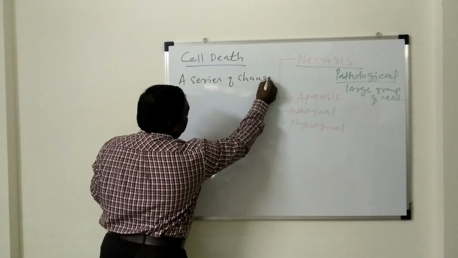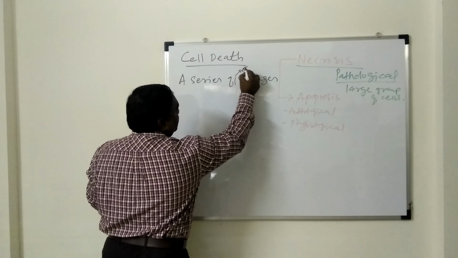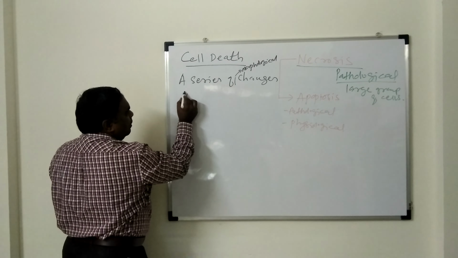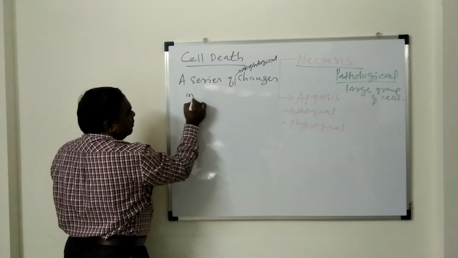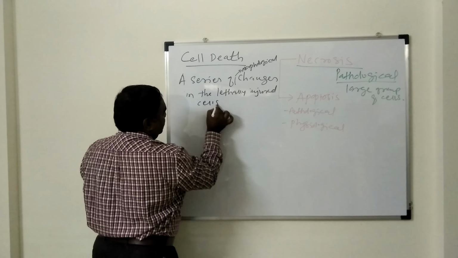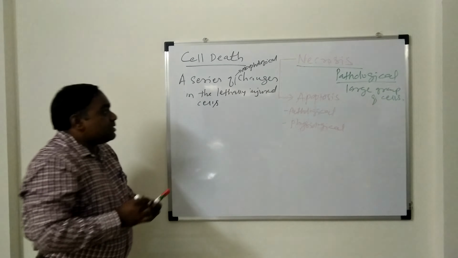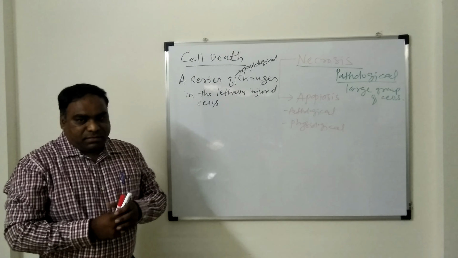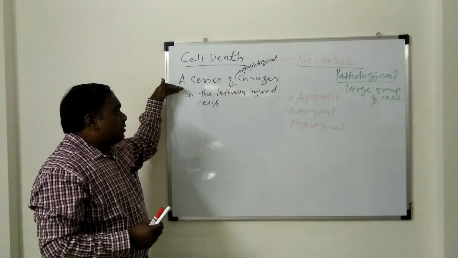A series of morphological changes means that in the necrosis process some changes occur in sequence in the morphology of the cell.